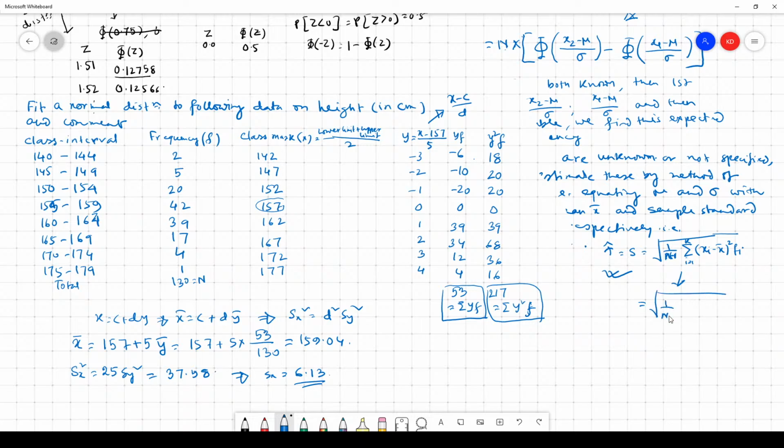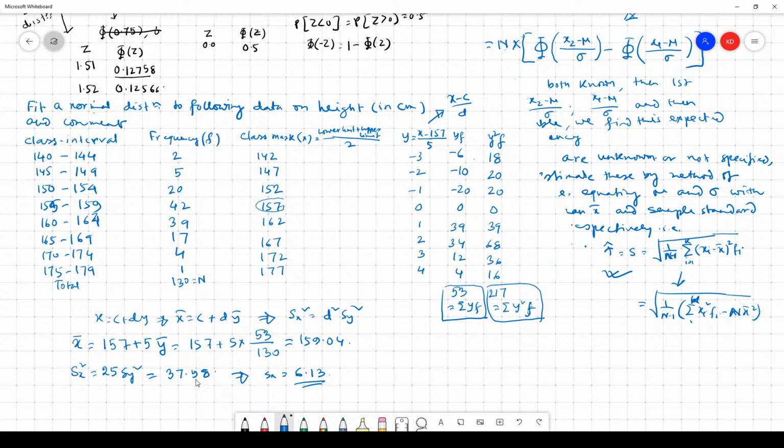You just break this thing in that way. 1 by n minus 1 times the sum over x_i square f_i, i from 1 to k, minus capital N x bar square.